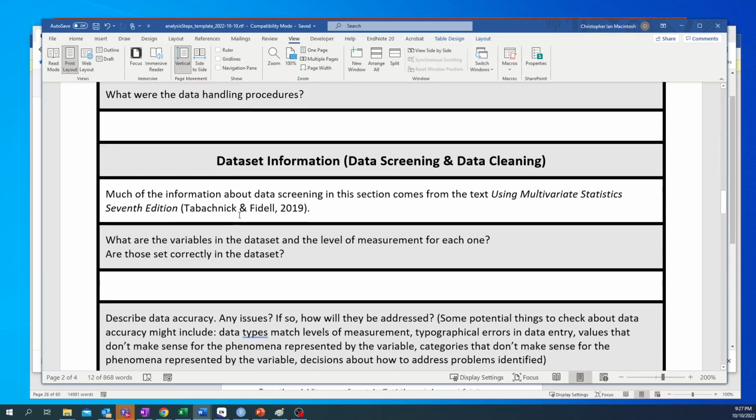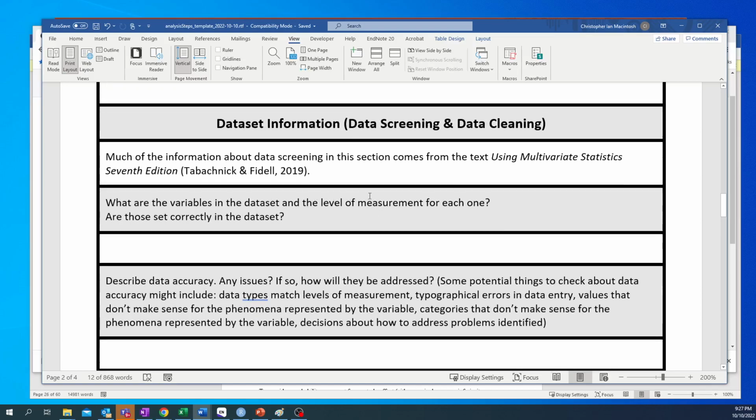The second section deals with data set information, and these are things that we will look at more closely in this class with all of the analyses that we go over. What variables are in the data set, and what is the level of measurement for each one? Are those set correctly in the data set?